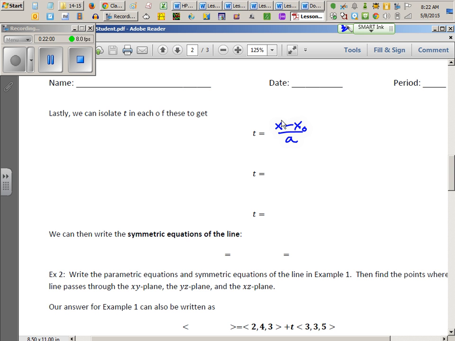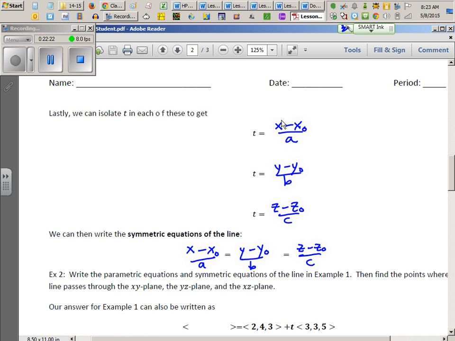If you isolate t in the second equation, you get y minus y naught over b. And you guessed it, the third equation yields z minus z naught over c. Since these are all exactly the same value of t, you can write x minus x naught over a equals y minus y naught over b equals z minus z naught over c.